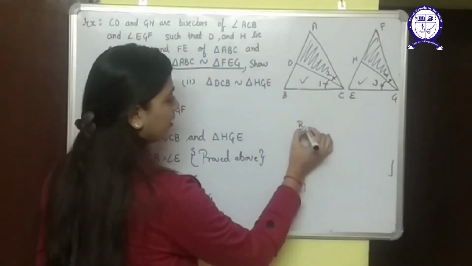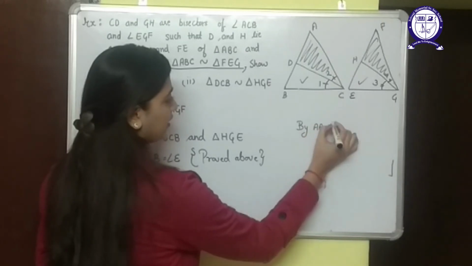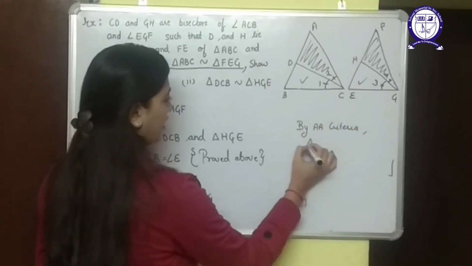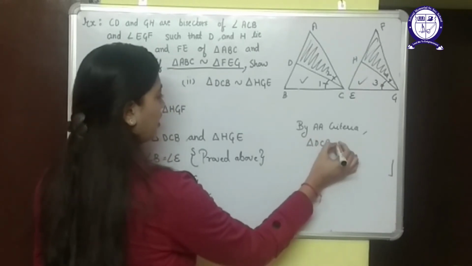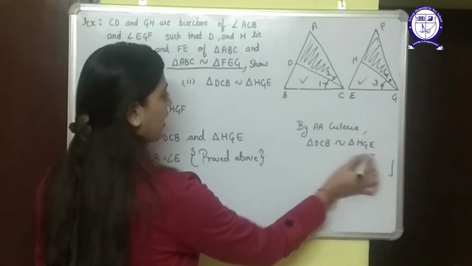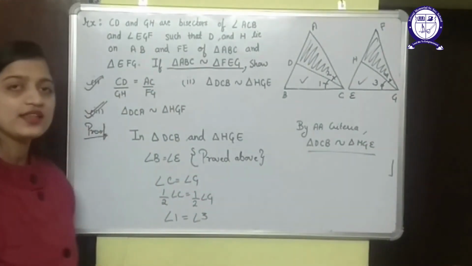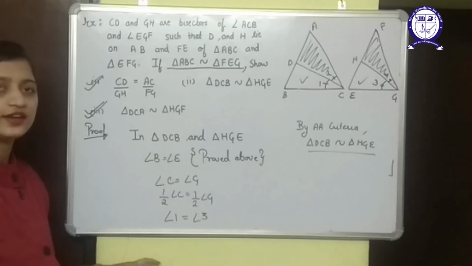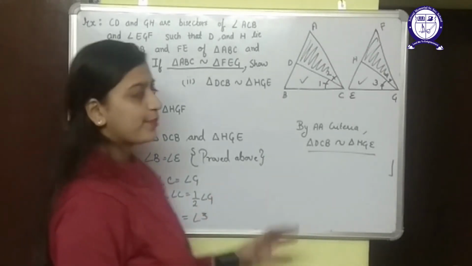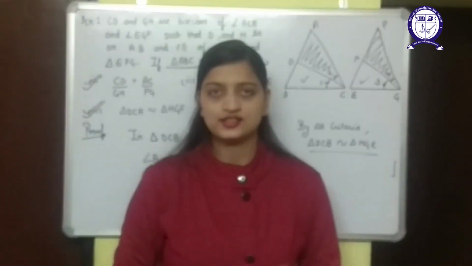So by angle criteria, triangle DCB is similar to triangle HGE, and this is the proof of the second part, and the proof of the third part is already done in the first part. So these are the type of questions which can be asked in this exercise.